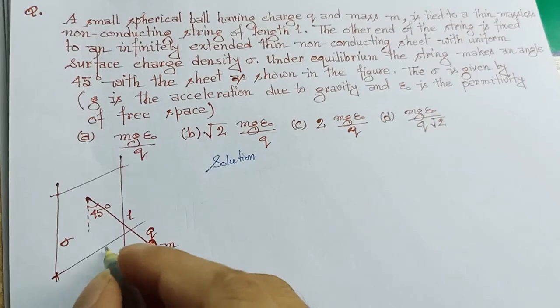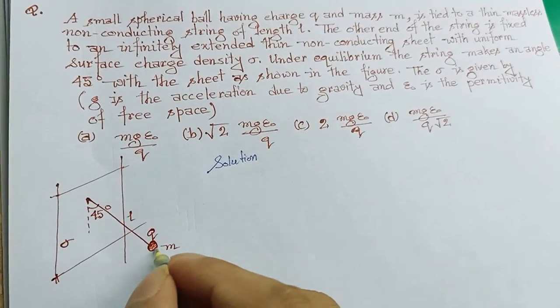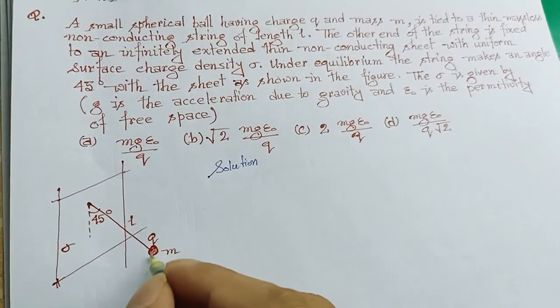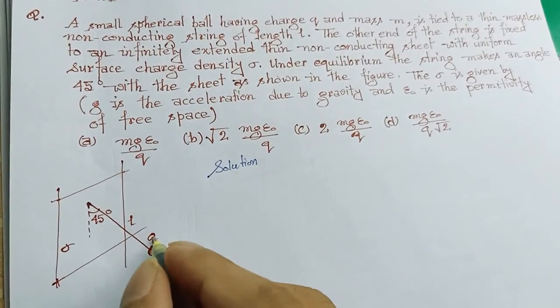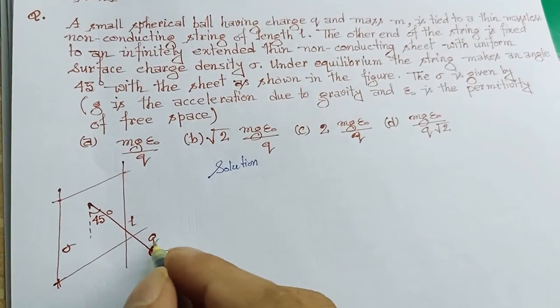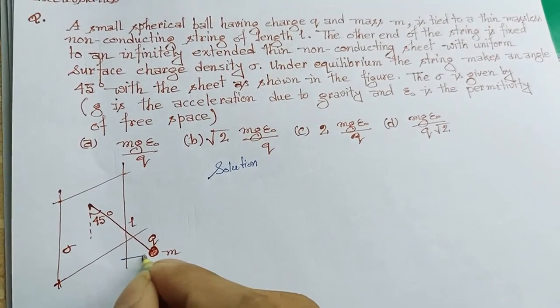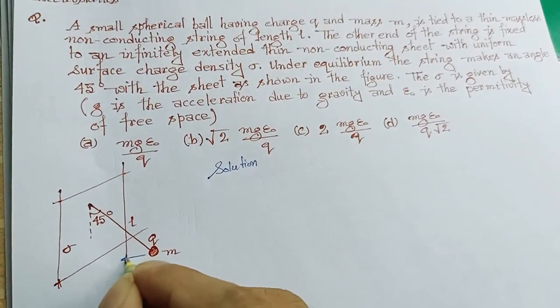So if this is the conducting sheet and this is the object of mass m and charge q, then there will be an electrostatic force between these two.